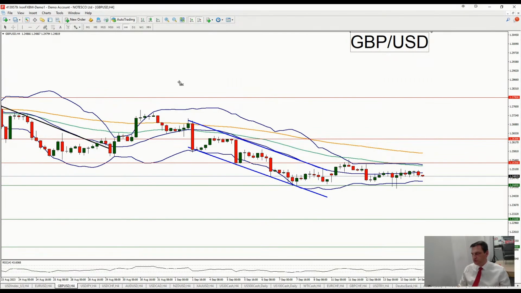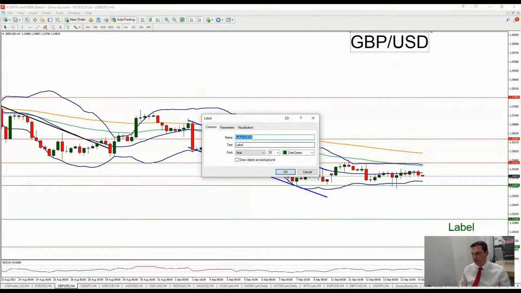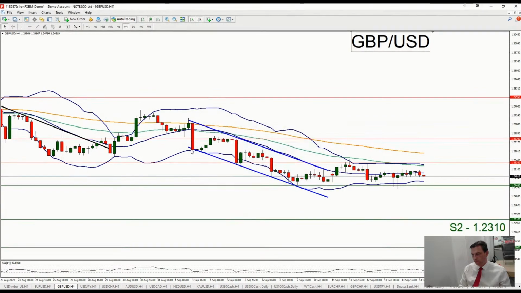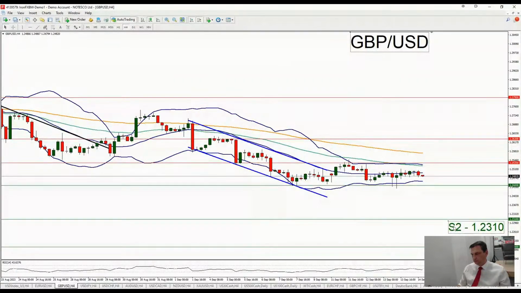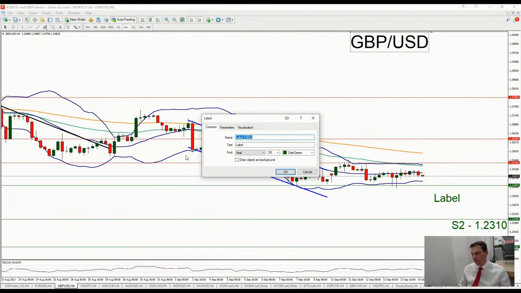Moving now to the S2, which is to be placed at 1.2310. To the S1 at 1.2445.